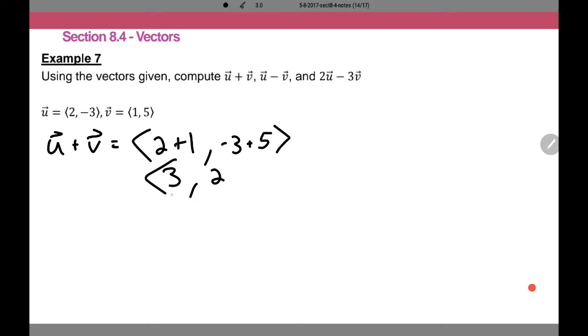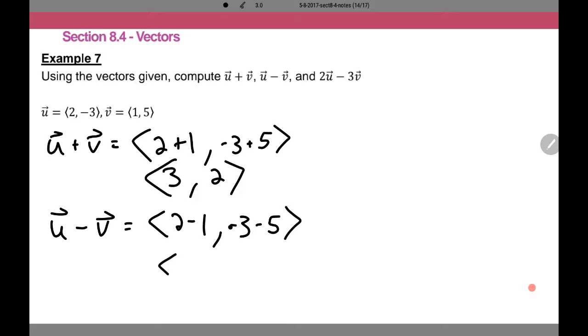Okay. So adding them, fairly simple. Subtracting them, u minus v. I'm going to take x minus x, 2 minus 1. And then I'm going to take negative 3 minus 5. So I end up with 1, and then this is negative 8.